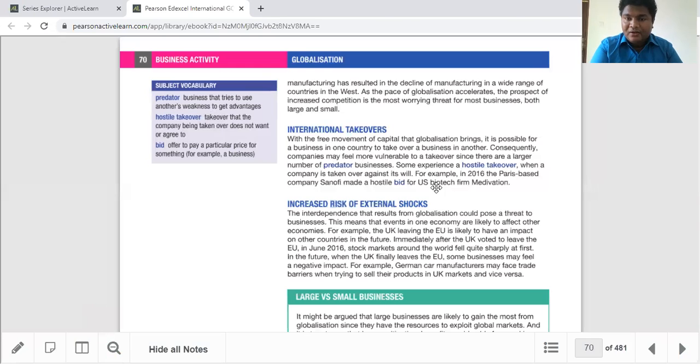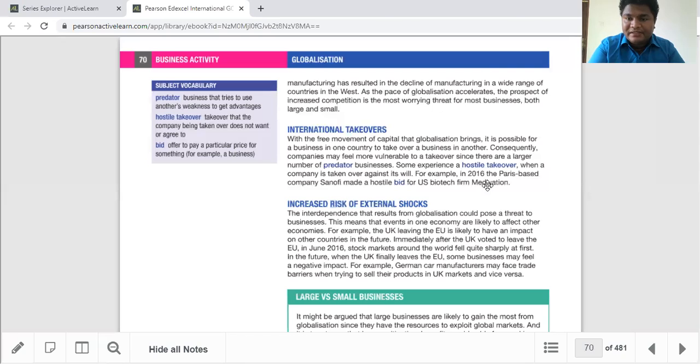So as a result, hostile takeovers can happen. A hostile takeover is a takeover by force from the share market, without your knowledge or intention. The company being taken over does not want to agree to it. They don't want to sell the company, but indirectly the others are buying shares, and one day they can acquire the company if they have more than 50% of the shares. Hostile takeovers happen when the company is taken over against its will.